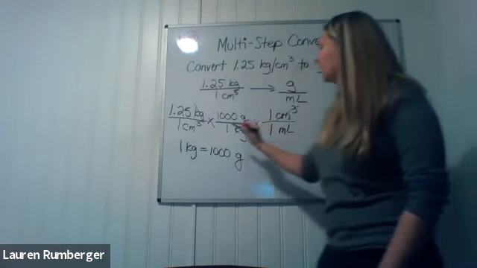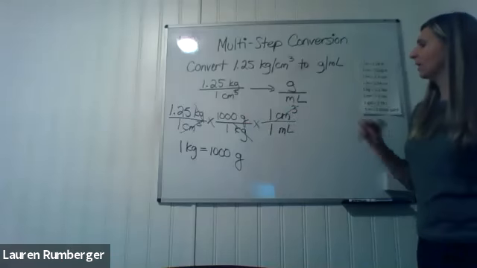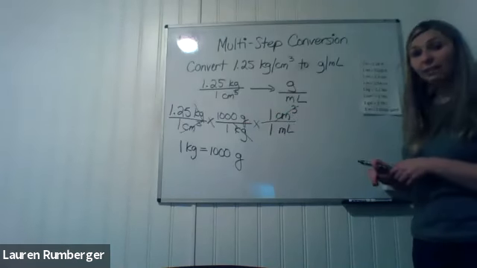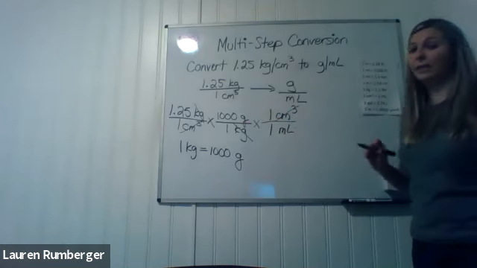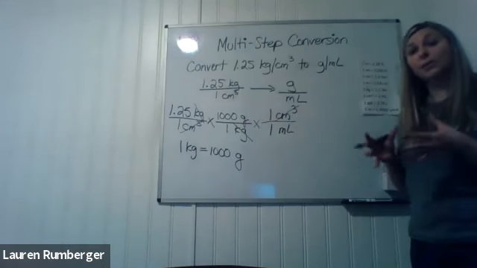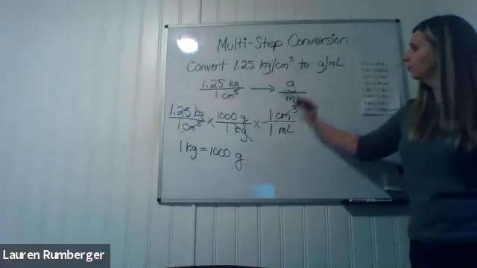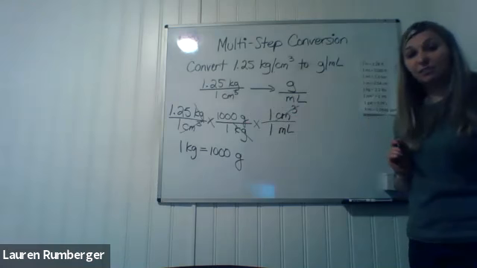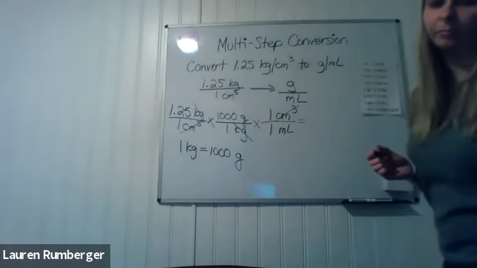Cubic centimeters cancel. Okay, so they cancel. And now what are we left with in our units? We have grams on the top, milliliters on the bottom. Once you have your units in place first, then we can start our calculation.